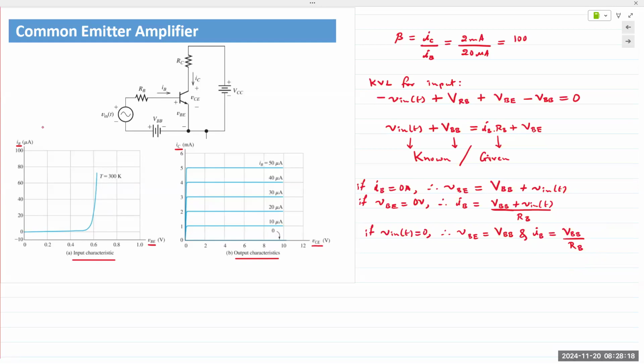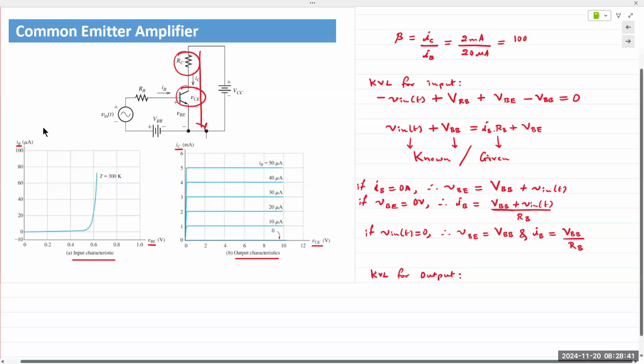Let's do the output KVL. On the output side, you only have 3 voltages. It goes through here, so 1, 2, and then if you had RE, you would have a 4th voltage.